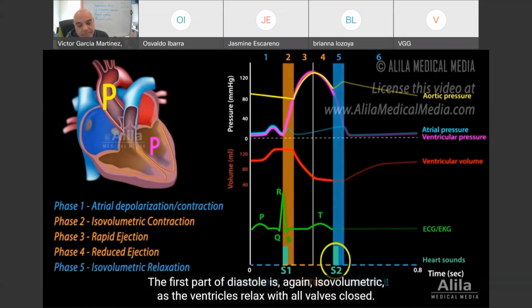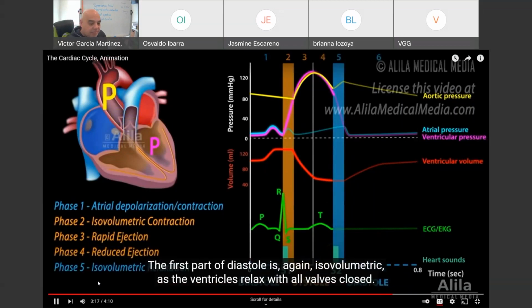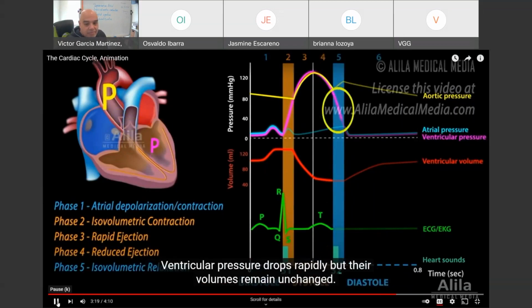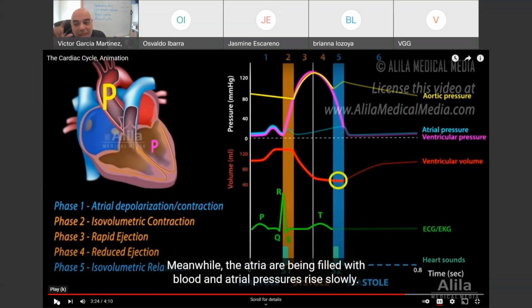The first part of diastole is, again, isovolumetric, as the ventricles relax with all valves closed. Ventricular pressure drops rapidly, but their volumes remain unchanged. Because the ventricles have all the valves closed, it is called isovolumetric again, because we have the same volume inside the ventricles, but this time we have almost no blood.